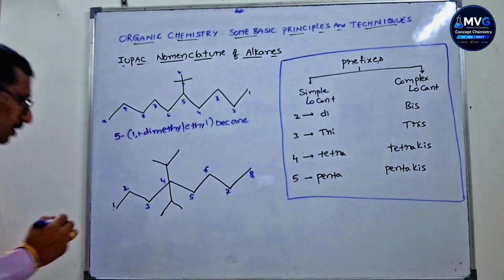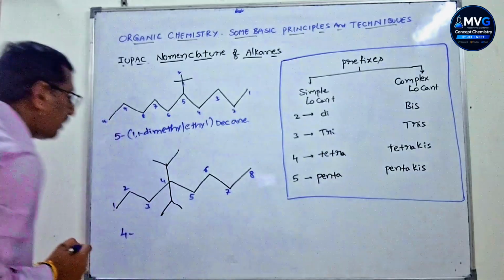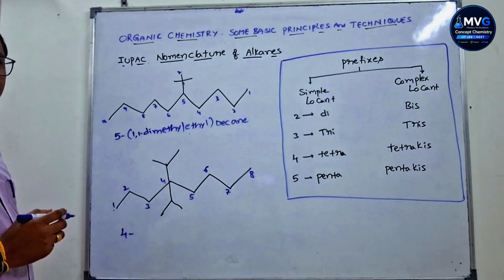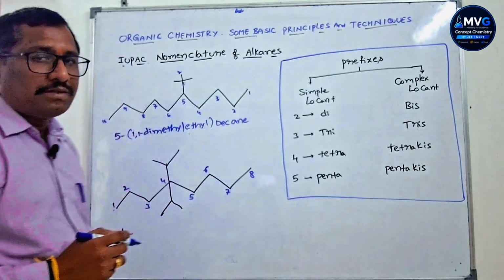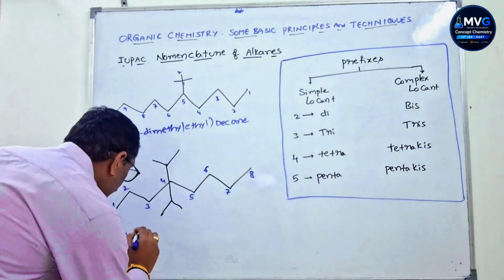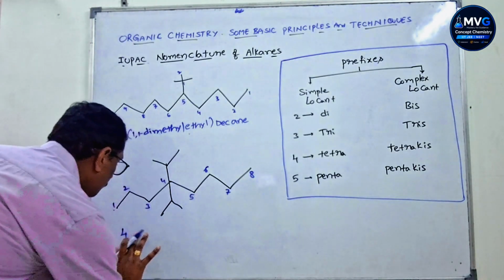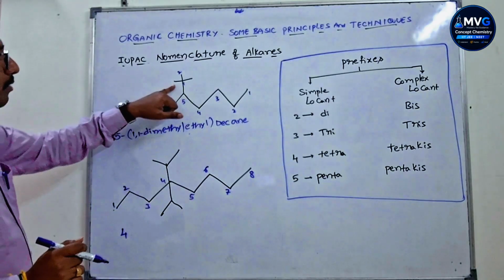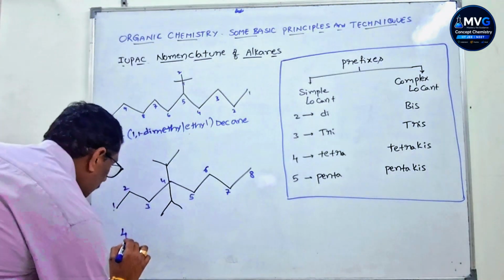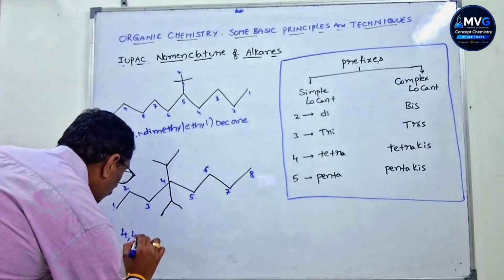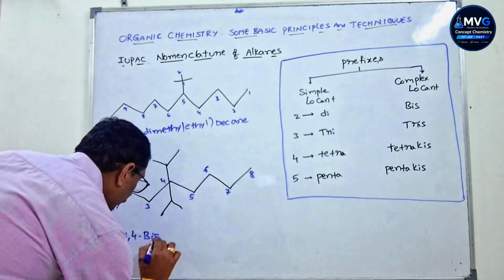Now fourth position, students: fourth position complex locants are repeated 2 times. Complex locants repeated 2 times means we use the prefix bis. 4,4. Suppose here at position 1 two methyl groups are there, then you write 1,1-di, like this. Now 4,4 here bis.